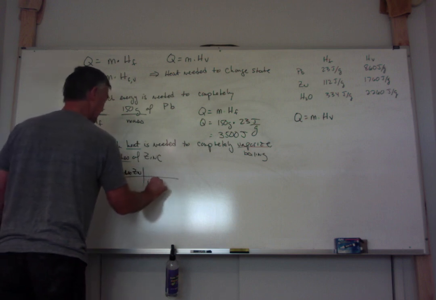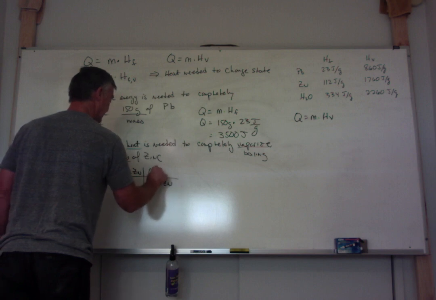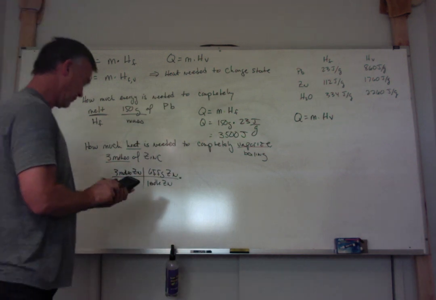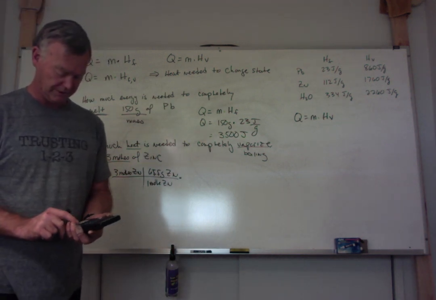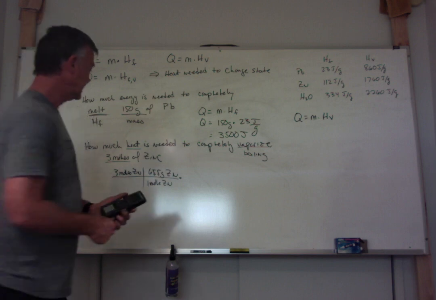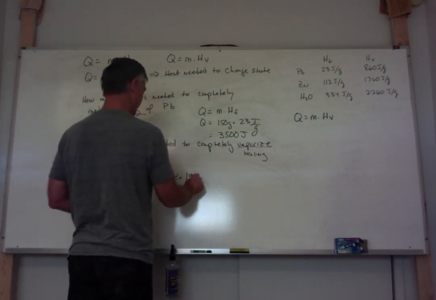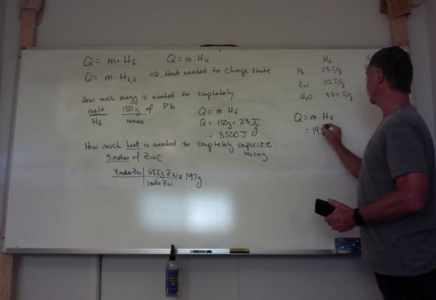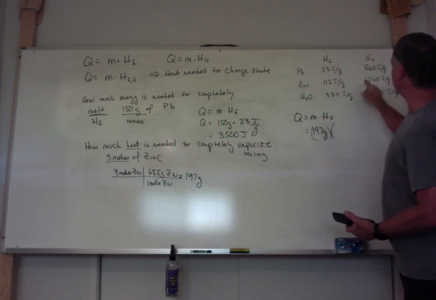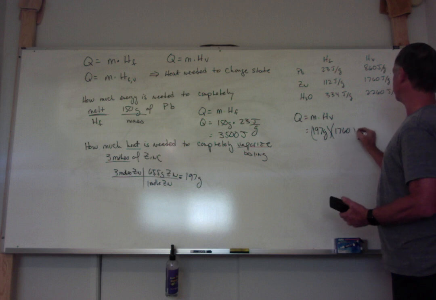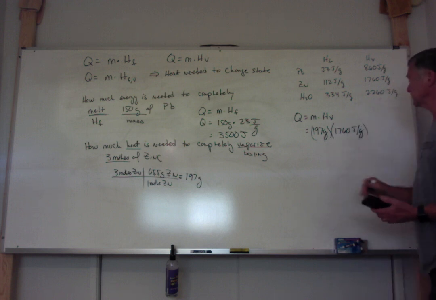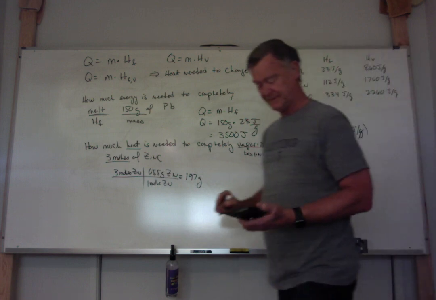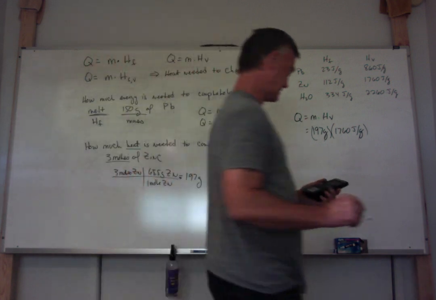1 mole of zinc is 65.5 grams of zinc, and 65.5 times 3 is 196.5. We'll just round it off to 197. And so this will be 197 grams times the heat of vaporization, 1760 joules per gram. Notice the grams will cancel. 197 times 1760 ends up being 346,720.